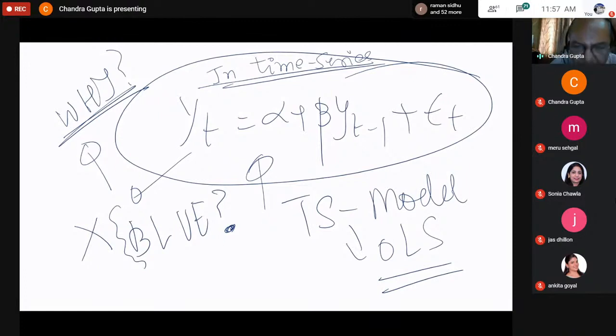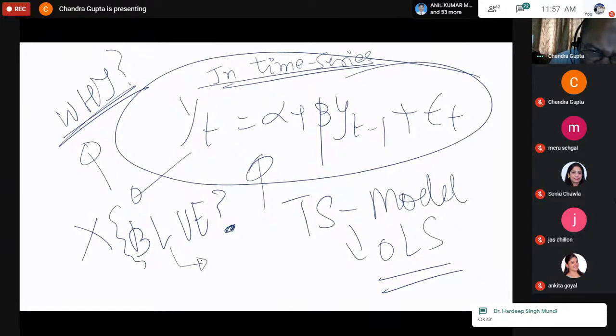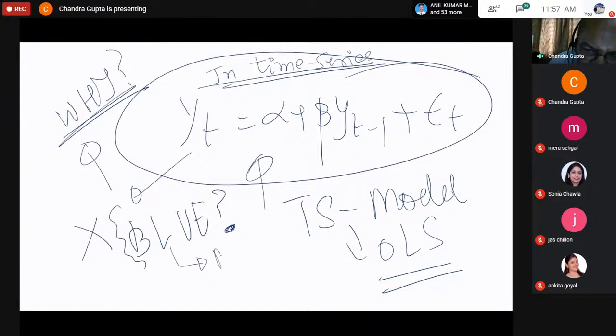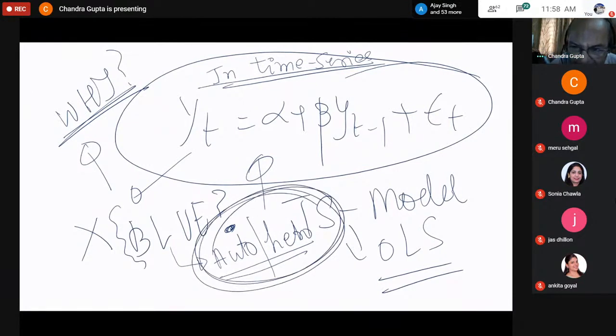Anyway, I'm not discussing stationary and non-stationary right now because that's what we are going to talk about. But BLUE we will not get because there may be a problem of autocorrelation. There may be a problem of heteroscedasticity, and because of all these problems, OLS will not give you the best result. Then what is the way out?